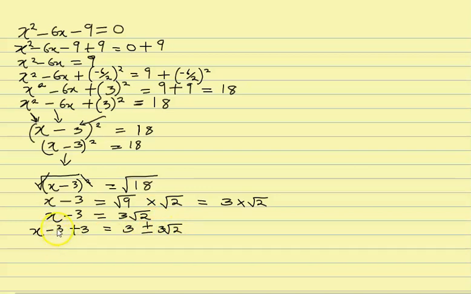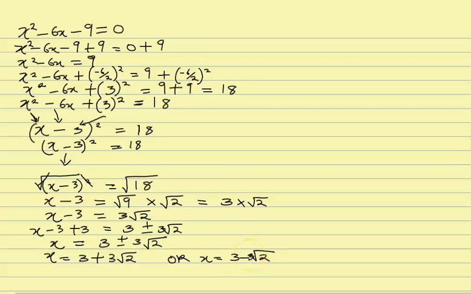So the next thing is that this just cancels out, and we have x equal to 3 plus or minus 3 root 2. So x is going to have two answers basically: x is equal to either 3 plus 3 root 2, or x is equal to 3 minus 3 root 2.